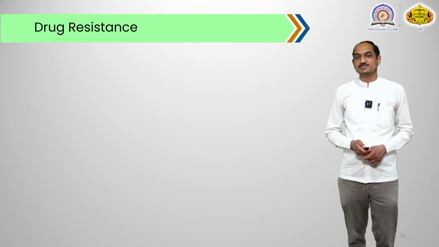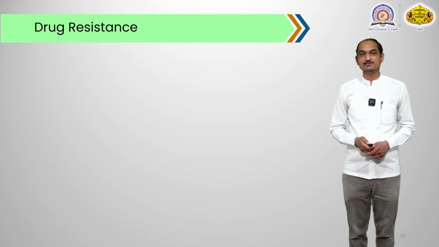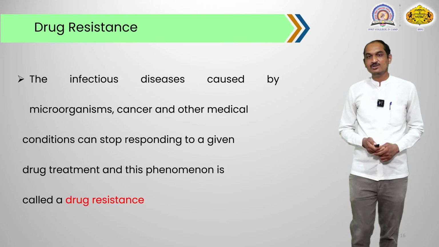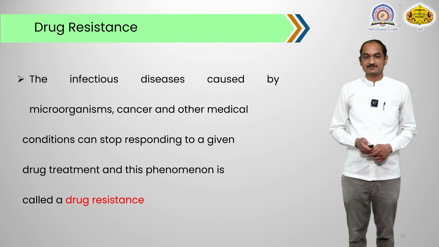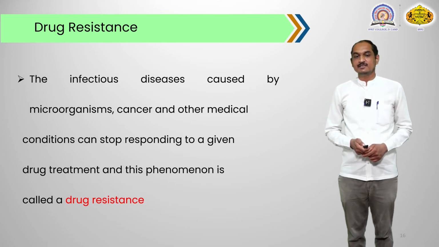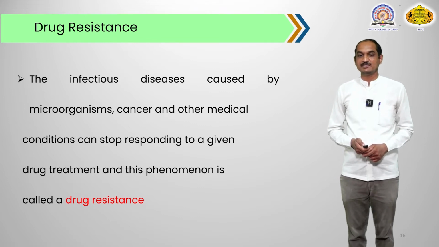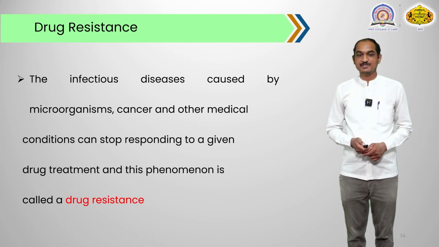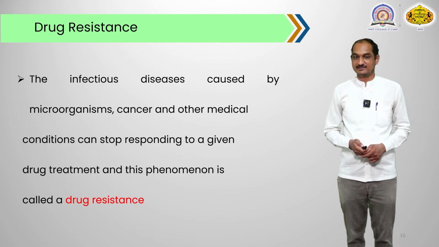Next important point is drug resistance. What is meant by drug resistance? We know resistance. So drug resistance is when infectious diseases caused by microorganisms, cancers, and other medical conditions stop responding to a given drug treatment.